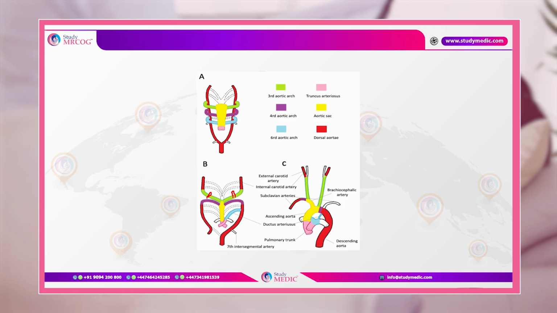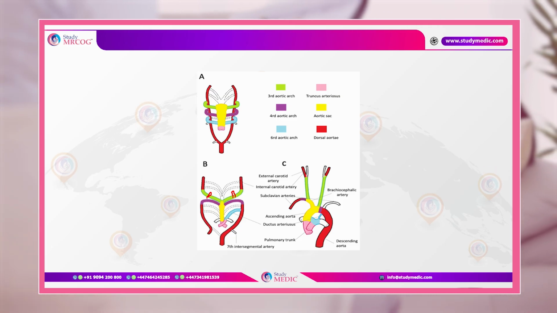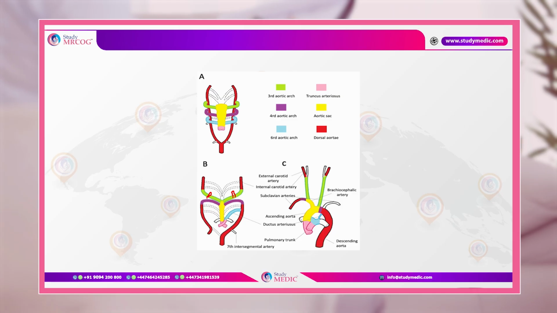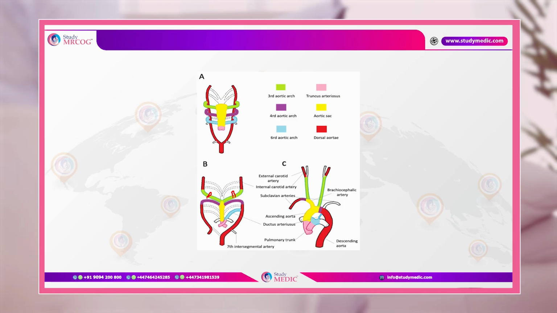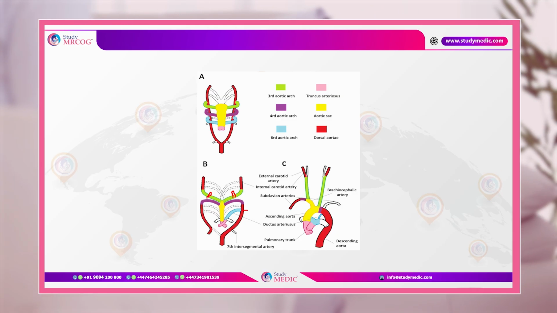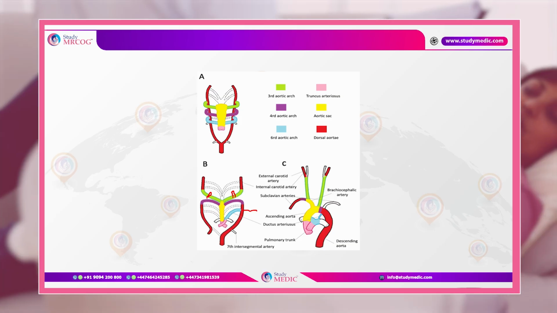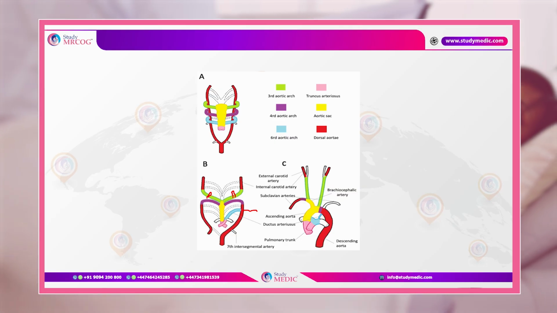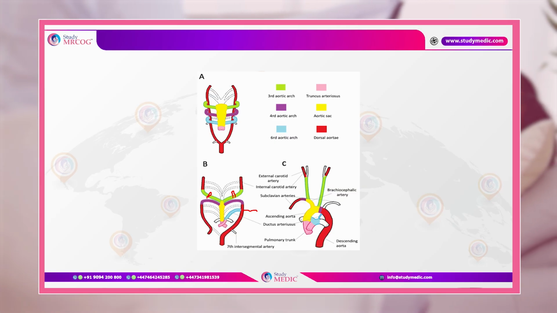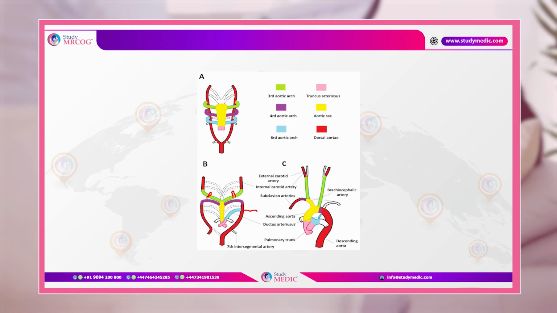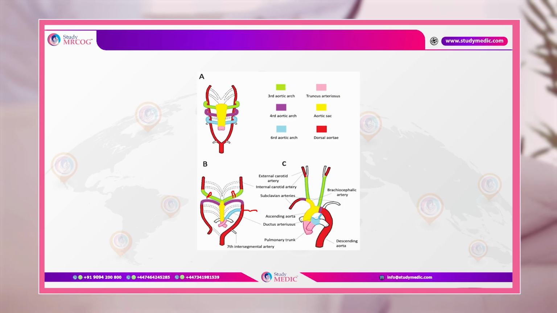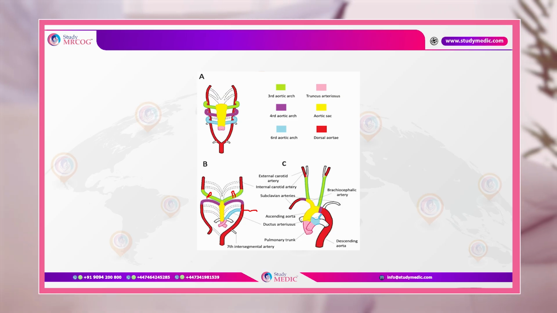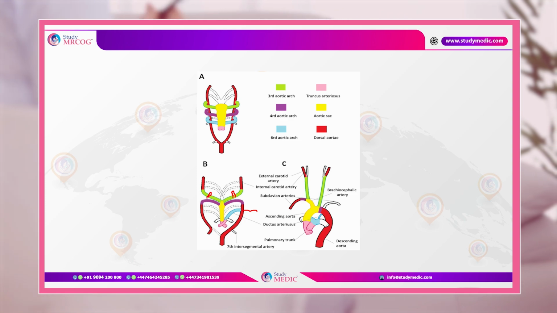On the left side, the fourth aortic arch is going to form your arch of the aorta. Okay, and then the left seventh cervical intersegmental artery is going to join in and form the left subclavian artery, and then it is going to continue downwards as the dorsal aorta. Okay, and on the right side, this is going to be your right subclavian artery.